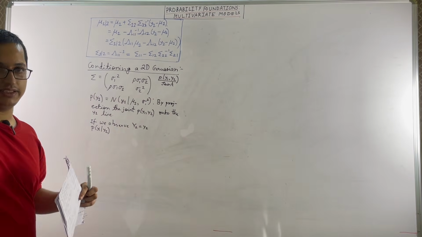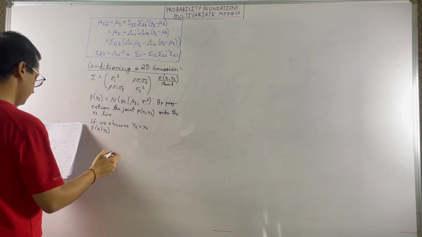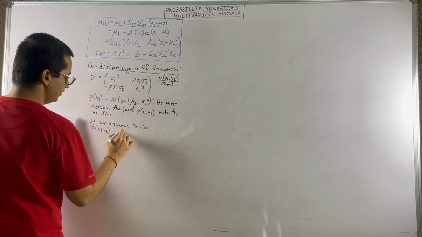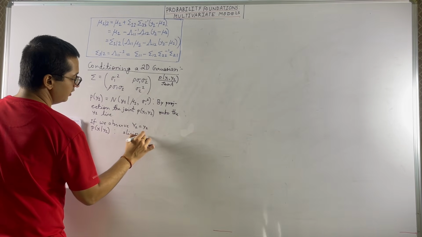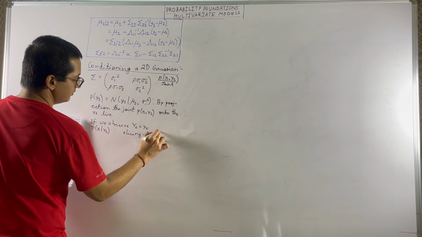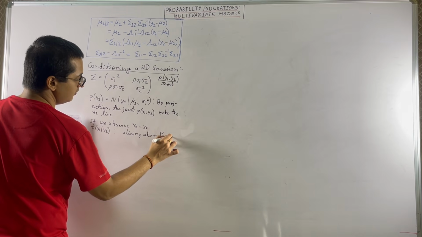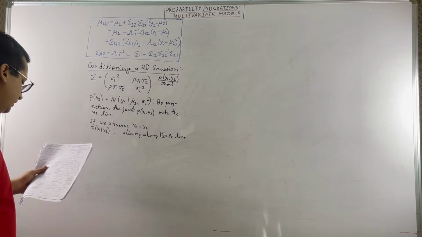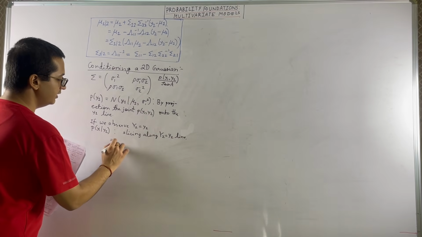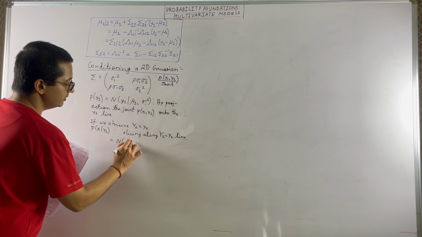So here I am doing a slicing. This is equivalent to slicing along this line, because I have conditioned on y2. And so what should be the mean of this?